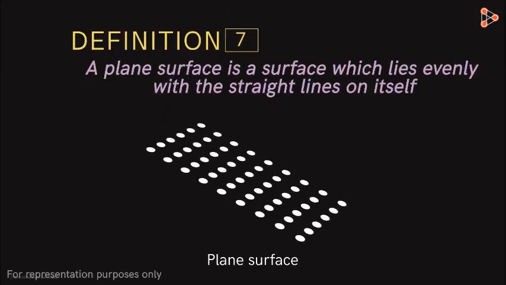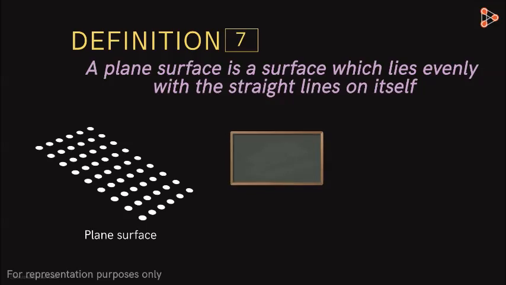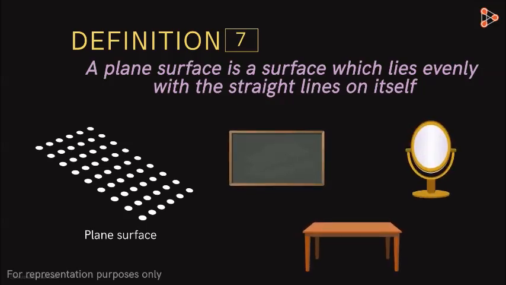Such surfaces where the straight lines are evenly placed are called plane surfaces. Euclid defines a plane surface like this. A plane surface is a surface which lies evenly with the straight lines on itself. Some examples of planar surfaces are a blackboard, a tabletop, plane mirror, and so on.